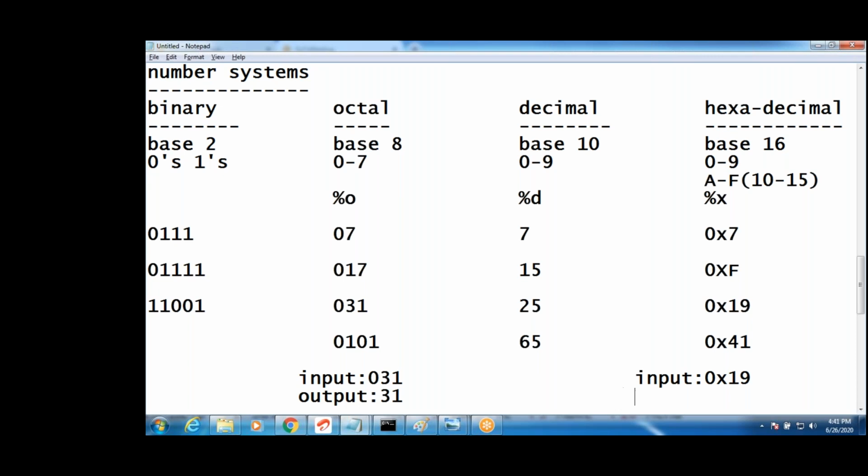Clear? Yeah, write this. We have binary, octal, decimal, and hexadecimal. 4 types of numbers we have.